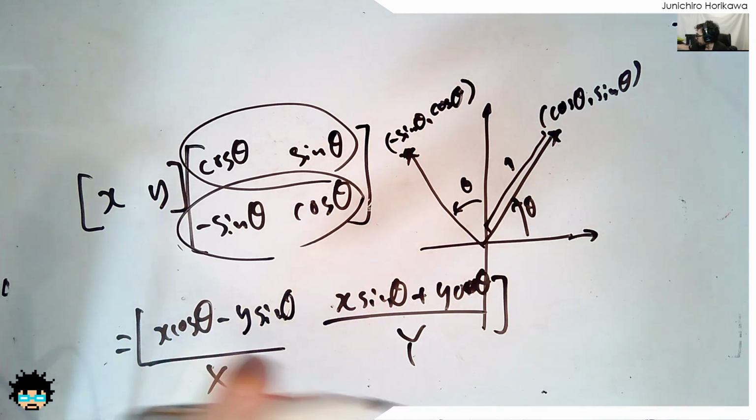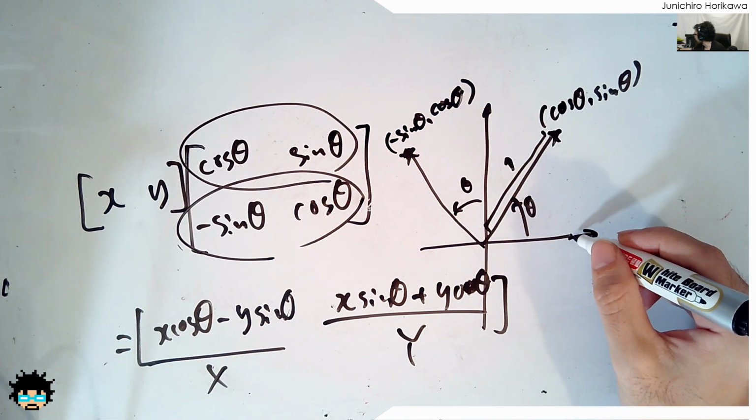And this is actually showing the rotation, and you can check that by applying an x and y value of something on the axis.